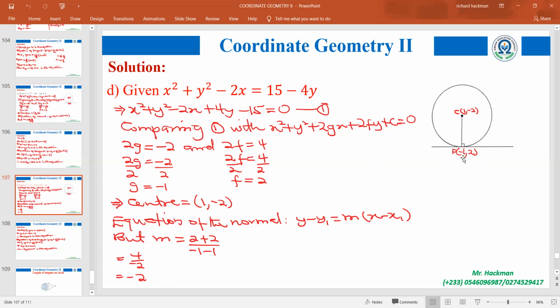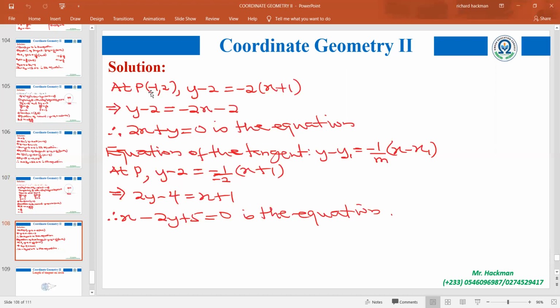Then over x2 minus x1, which is minus 1 minus 1, which is what we have here. In effect, we get 4 over minus 2, which gives us negative 2. Once you know m, you substitute it, and you pick which point you are going for. So I went for P.